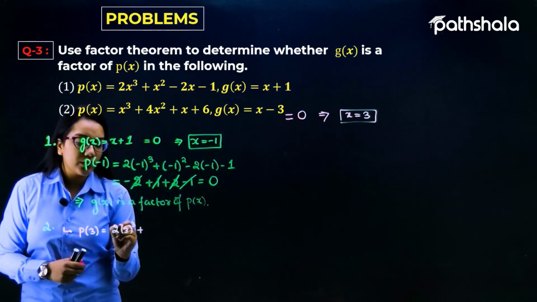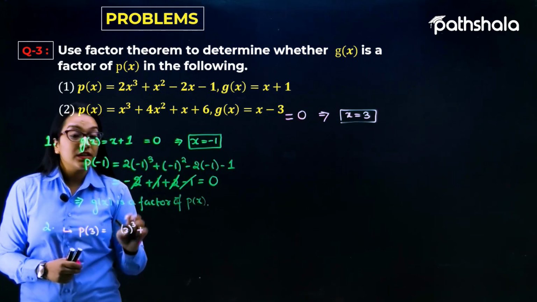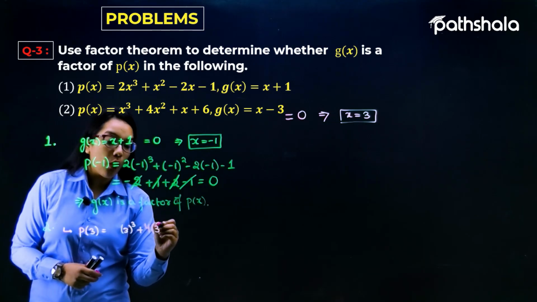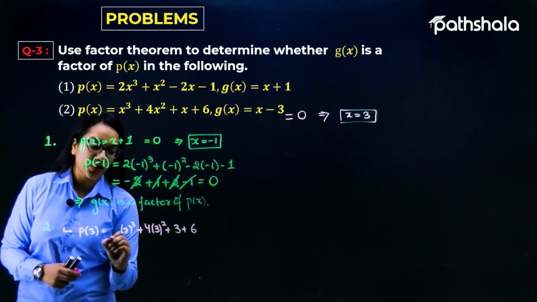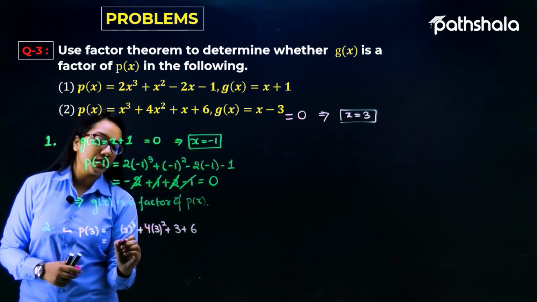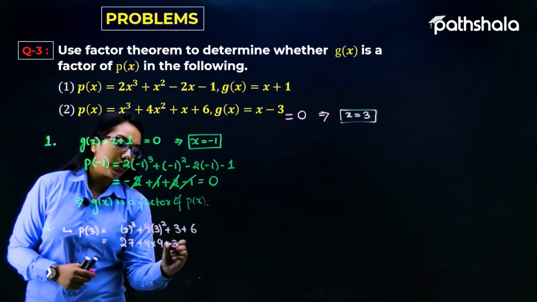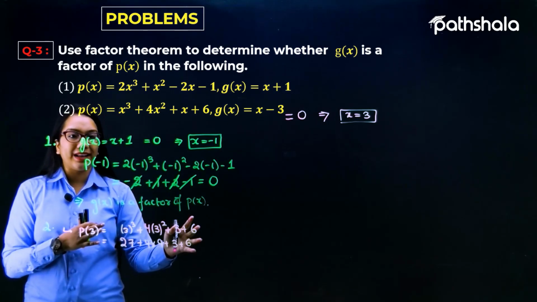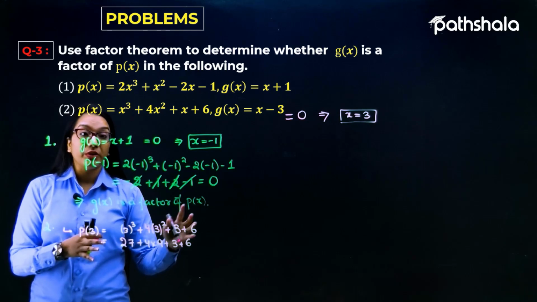So this will be 3 whole cube plus 4 of 3 whole square plus 3 plus 6. Let's solve it. 3 whole cube means 27, plus 4 into 9, plus 3, plus 6. Obviously all the terms are adding up here, so definitely it won't result in 0.